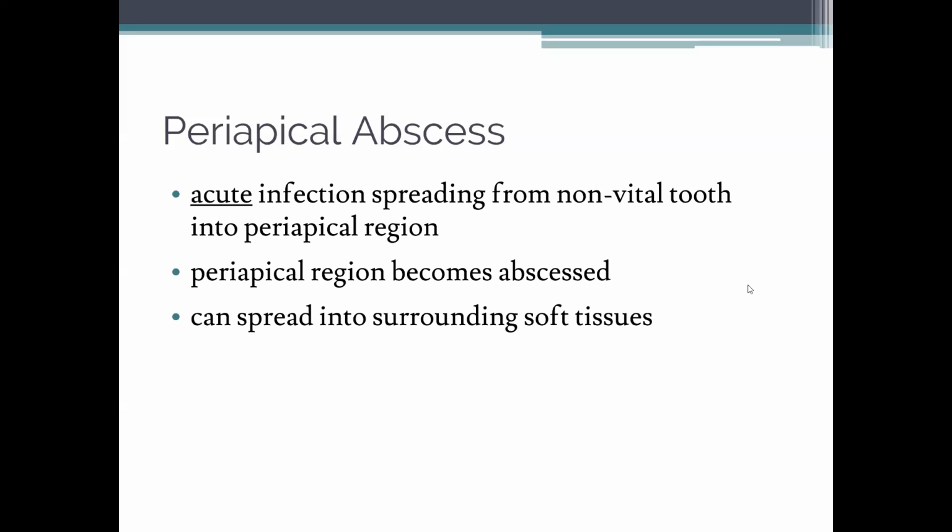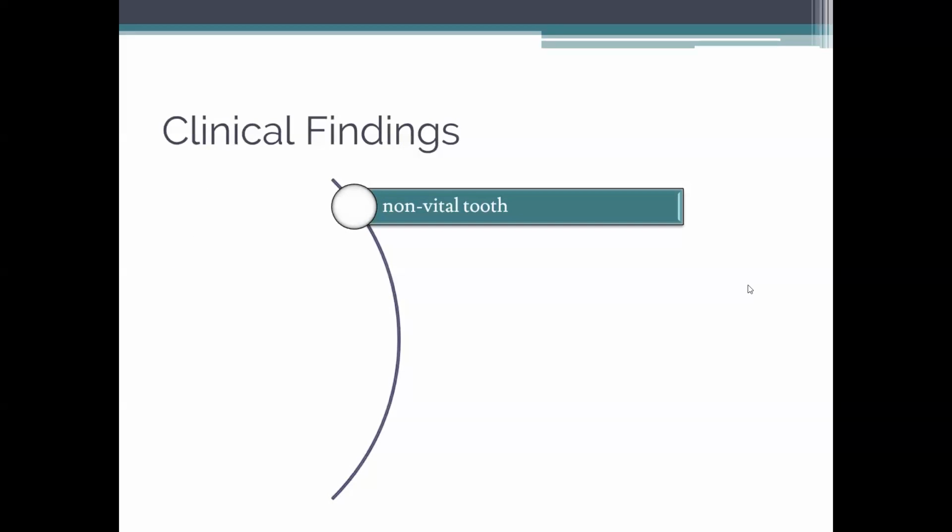The problem with this, if you look at the end of the apex, that's what's sensitive. It can spread into the bone. So that's what an abscess can do. When we look at this hot tooth, all right, the tooth is non-vital. It's dead.